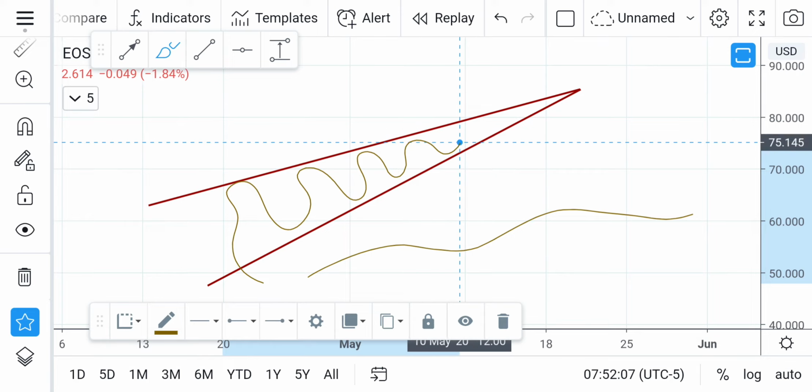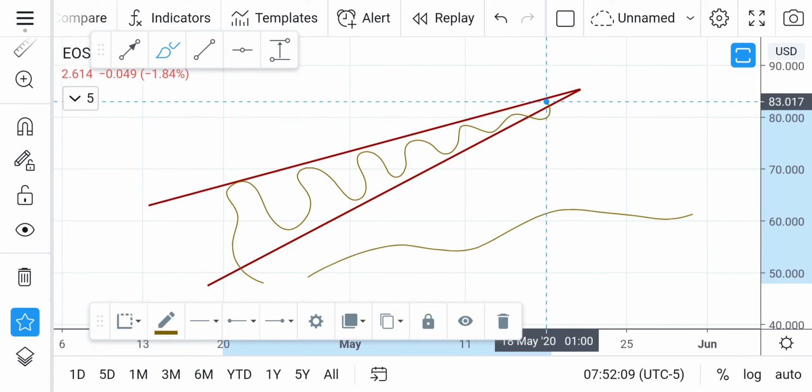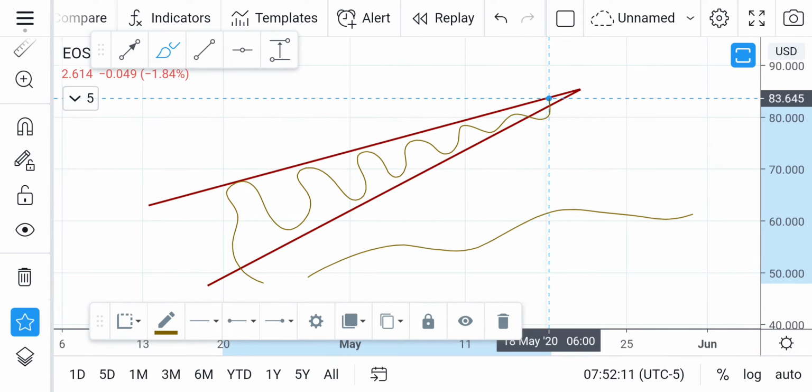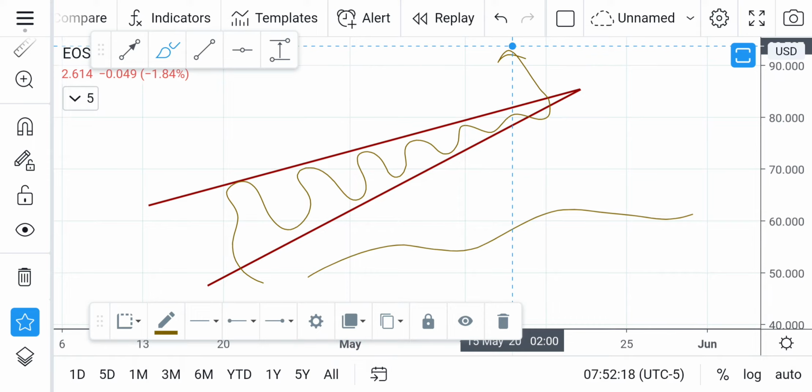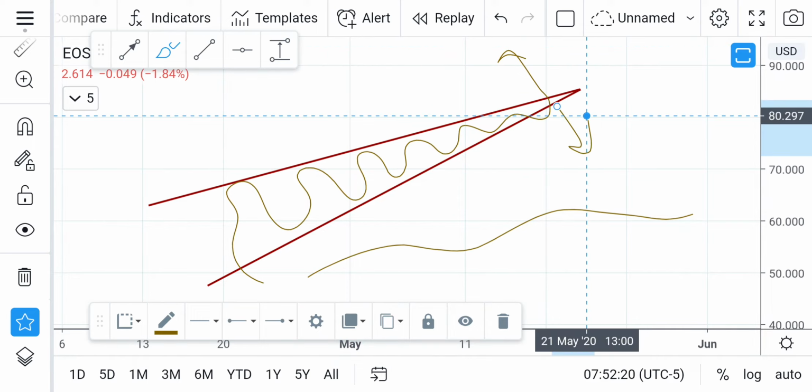Because it's an uptrend, it could still break up, 50% chance of breaking up towards the upside and 50% chance of breaking down towards the downside. So in this case it could break up, it could break down. So that's it about the rising and falling wedge.